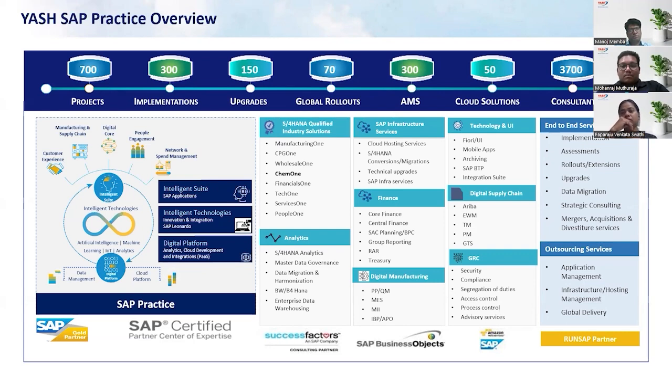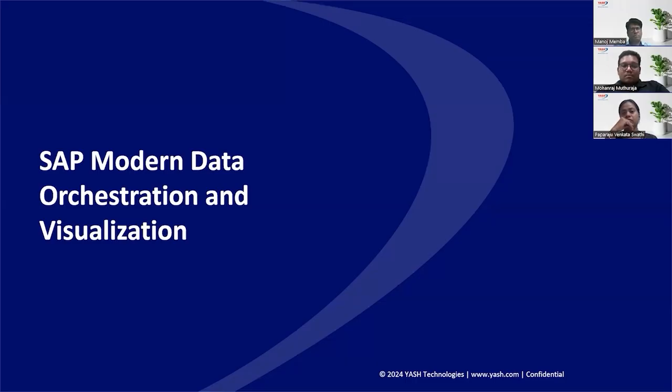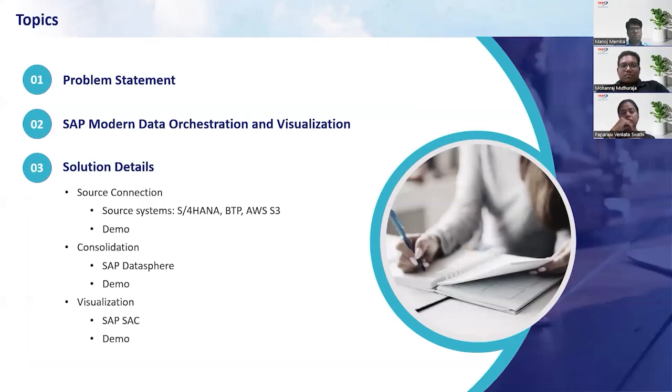Now, let me quickly speak on the agenda for today, which our experts will cover. First, Manoj Member will cover the problem statement, what we have to discover today, and then we'll move to the SAP modern data orchestration and visualization. In terms of the solution detail, we'll have the various parameters mentioned here, which is source connection, which includes source systems S4HANA, BTP, AWS S3.